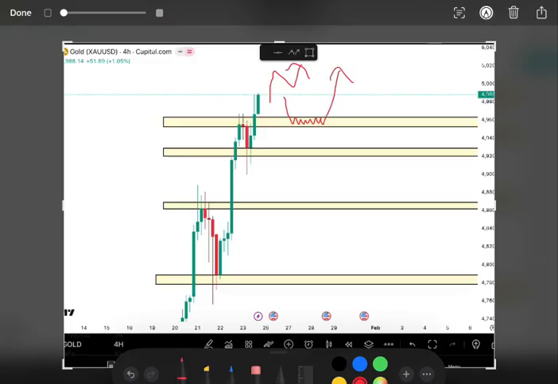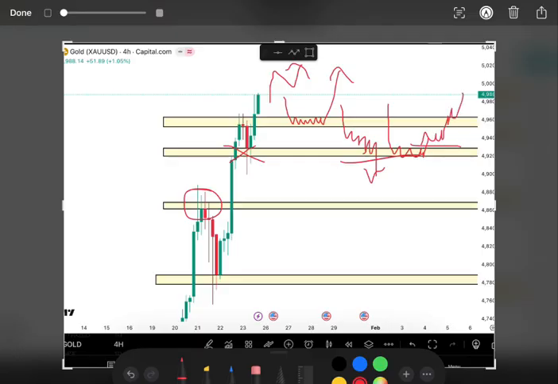If price breaks this zone solidly, all the way we just focus on sell until here. But if price still respects this zone and rejects it, we will enter buy.